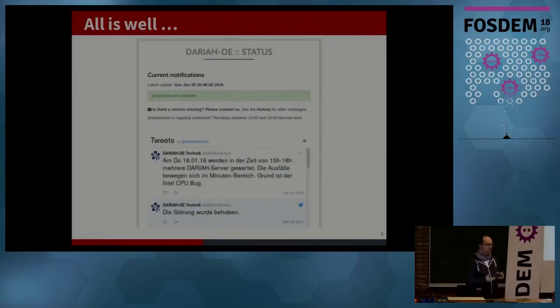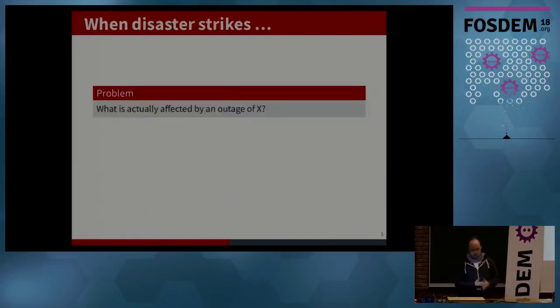And also a problem is that in the heat of the moment, you don't think of all the things that are broken, right? So if something breaks, like the storage breaks, or one kind of storage, because we're using more than one kind of storage, what does that actually mean? Which services are affected?